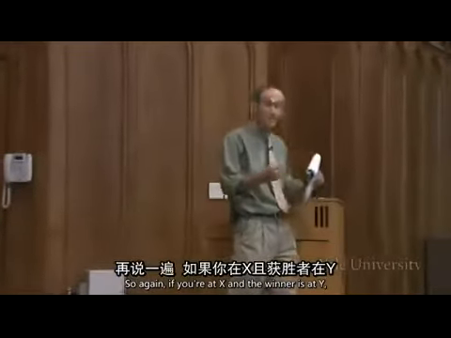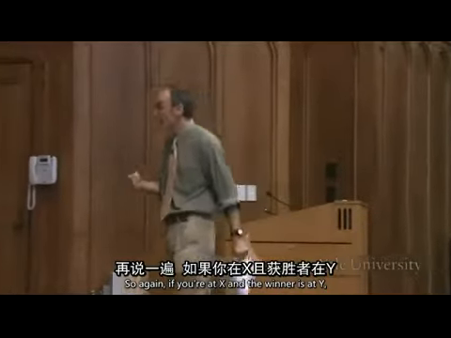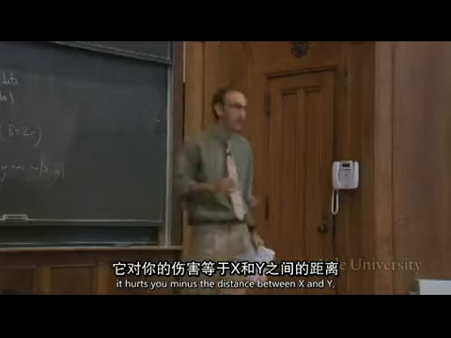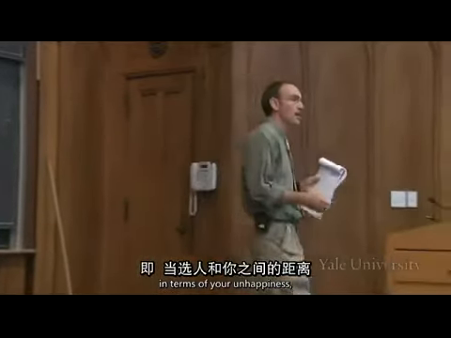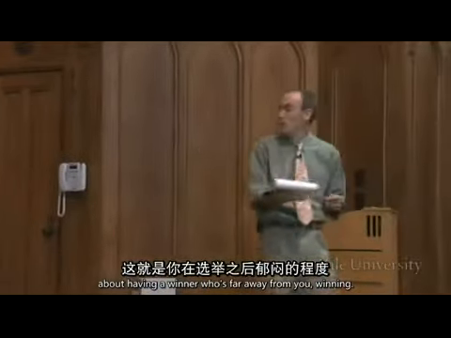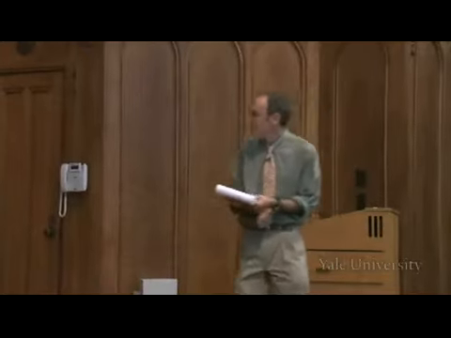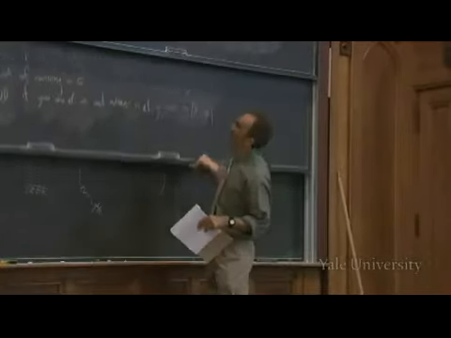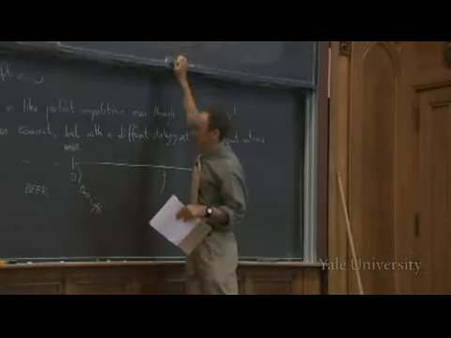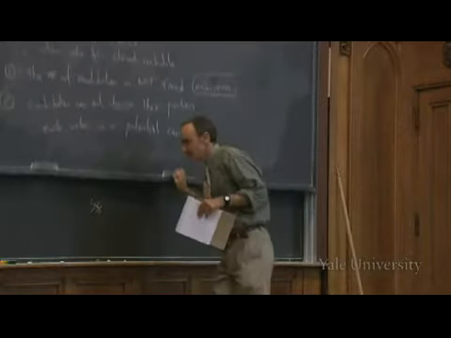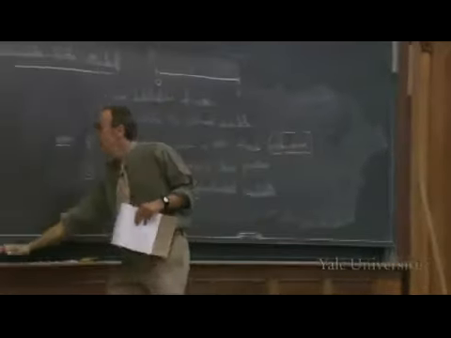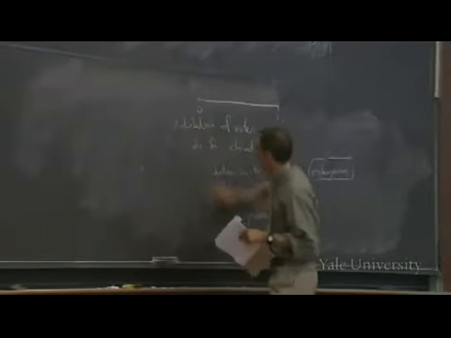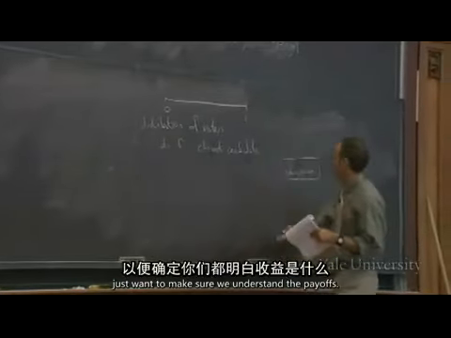So again, if you're at x and the winner's at y, it hurts you minus the distance between x and y in terms of your unhappiness at having a winner who's far away from you winning. So let's do an example, to make sure we understand the payoffs.